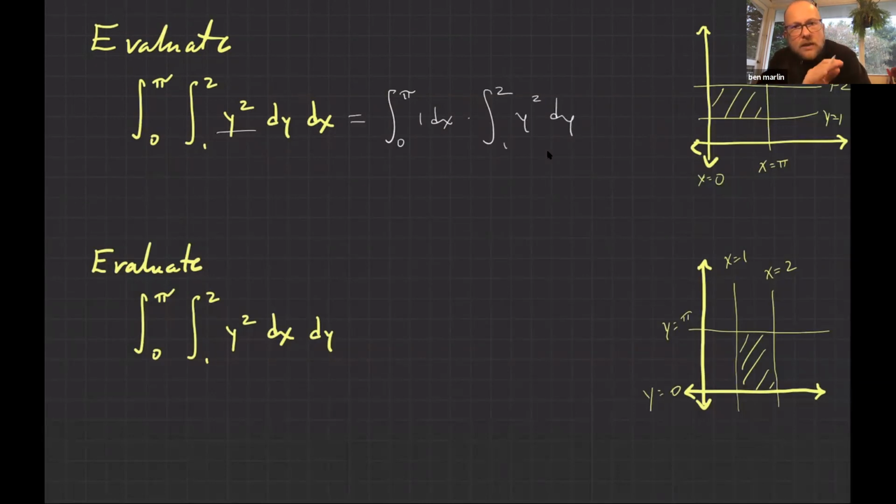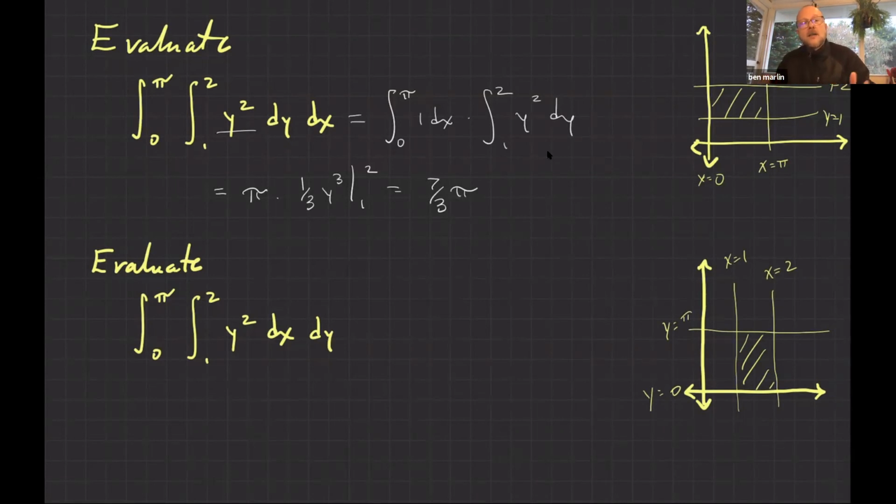But you can only do it if you can factor the function. If it can't be factored, you can't do this. So keep that in mind, all right? So if we went ahead and did that first integration, we would have gotten a pi, and then that second integration, the 1/3 y cubed 1 to 2, and so we end up with 7/3 pi for our answer there, okay? All right, good enough?